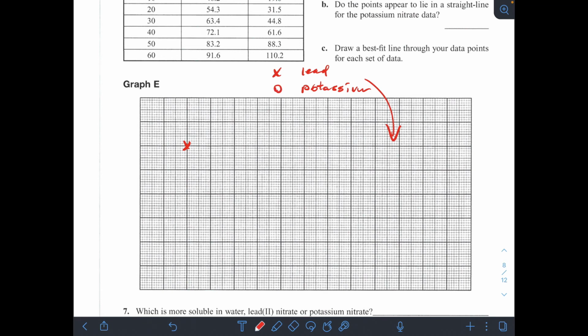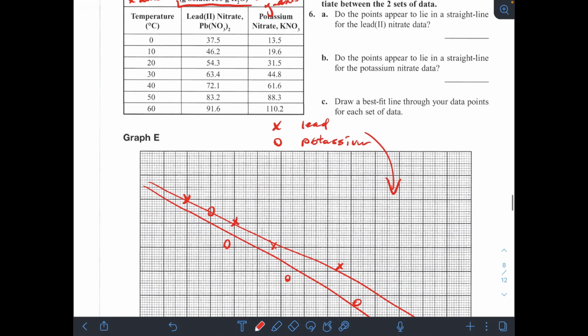All right, so I'm going to graph my various data points using X's and O's, right? And then I'll have a line for the O's and a line for the X's. Right?